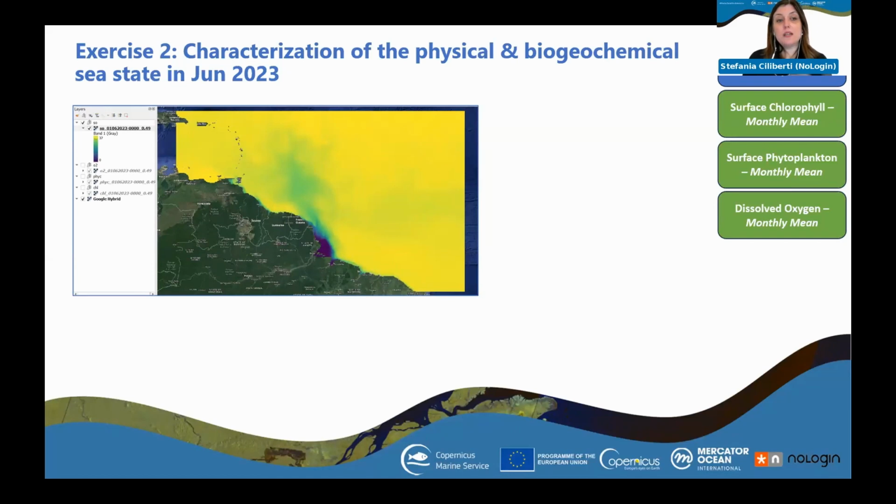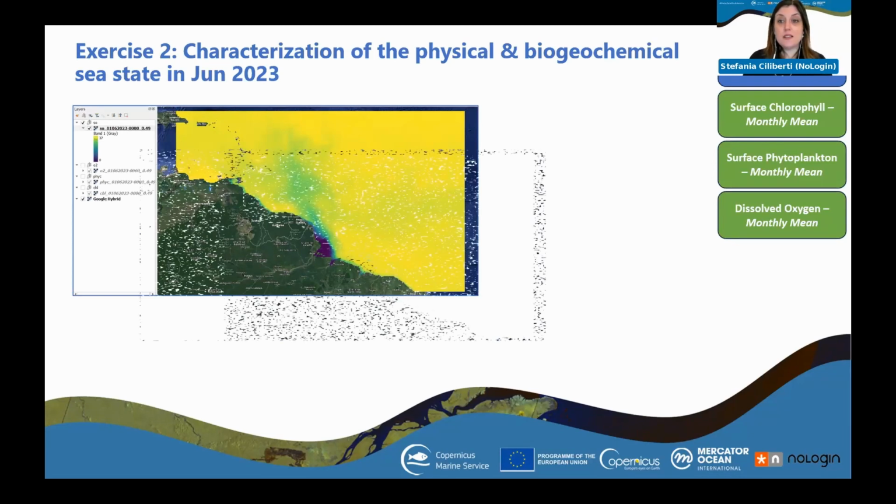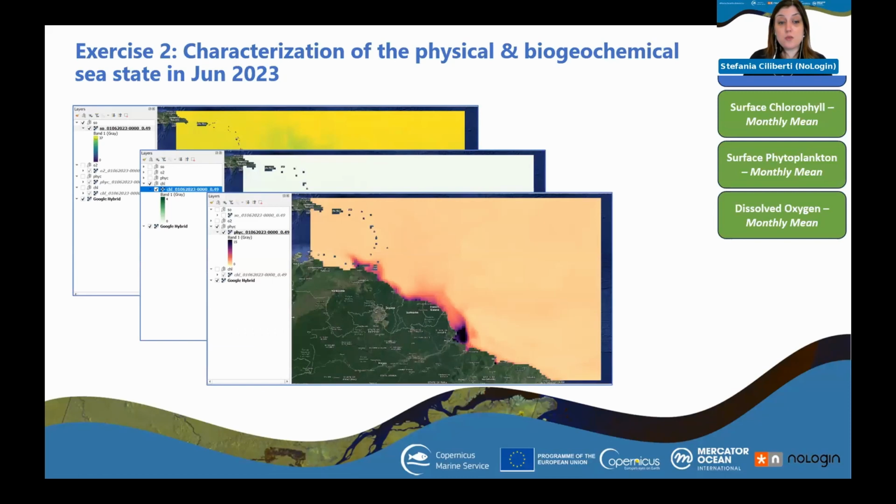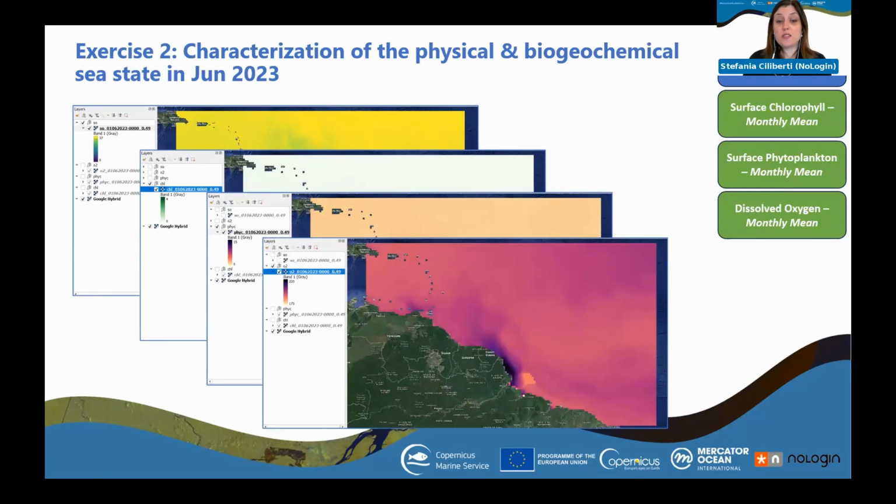Another example that has been proposed is related to the visualization of scalar quantities like sea surface salinity, chlorophyll concentration in the region of interest, as well as phytoplankton at surface and dissolved oxygen.